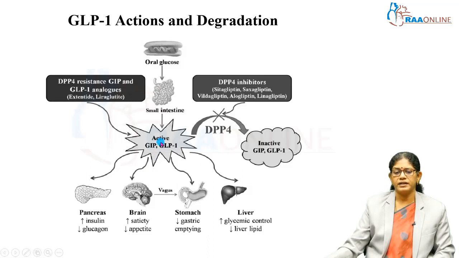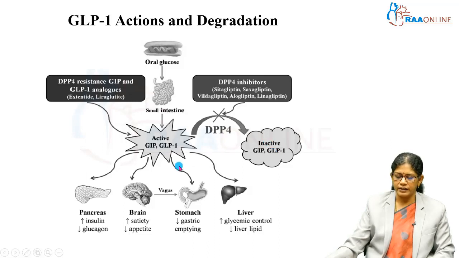But the problem is that active GIP and GLP-1 have a very short half-life. GLP-1 has a half-life of around 5 minutes only. Immediately, these incretins are degraded by an enzyme called dipeptidyl peptidase 4 into inactive GIP as well as GLP-1.